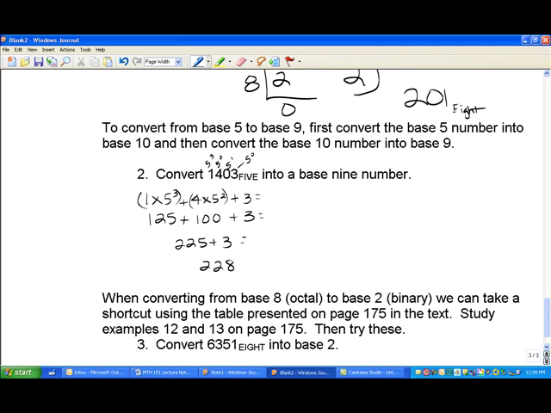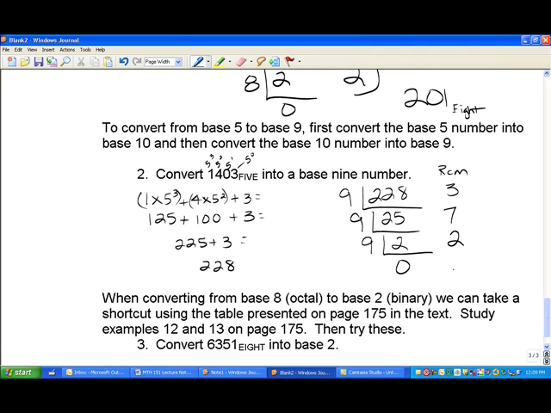Now I want to change 228 into base 9. So I'm going to divide that by 9, and again I'm going to use my calculator to keep me straight. 9 goes 25 times, and 25 times 9 is 225, so my remainder is 3. 9 goes into 25 2 times. 2 times 9 is 18, so my remainder is 7. 9 goes into 2 zero times, so my remainder is 2.